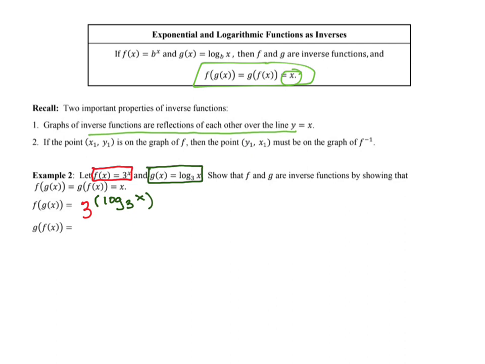What you should know is that if I have a base of 3 raised to a log with a base of 3, then those are going to cancel. That makes 1. Because we learned earlier this year that log base 3 of 3 is 1. This is 3 to the first power, giving me 3.